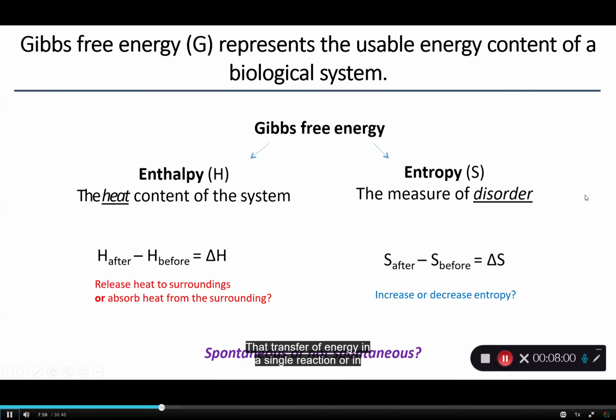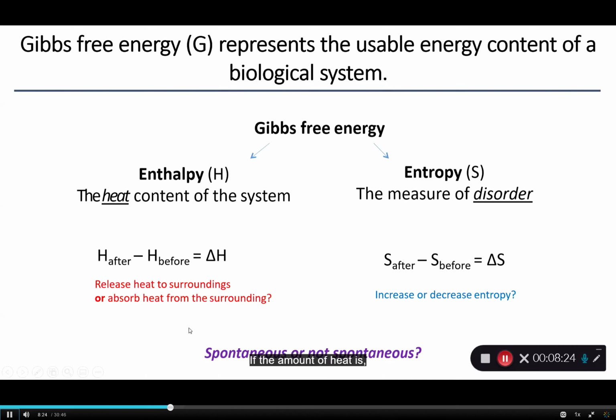The transfer of energy in a single reaction or in a single organism can be described by these 3 different quantities: Gibbs free energy, enthalpy, or H, and entropy, or S. How students in the past have remembered which symbol stands for which is that H can stand for heat, and S can stand for shambles, or a state of disorder.